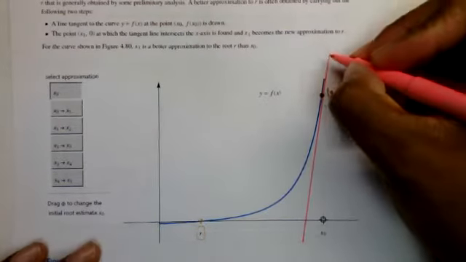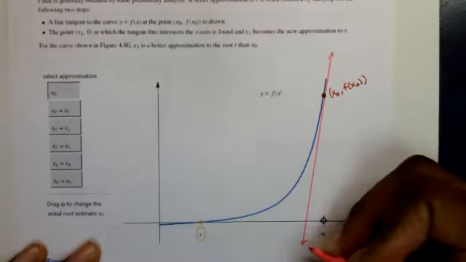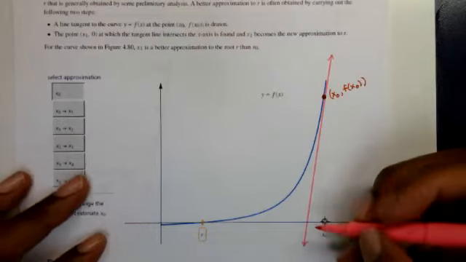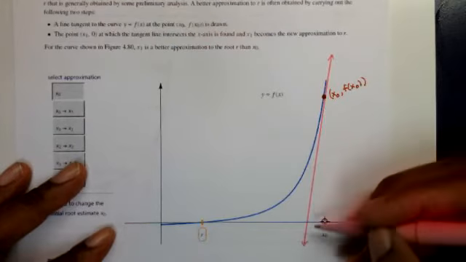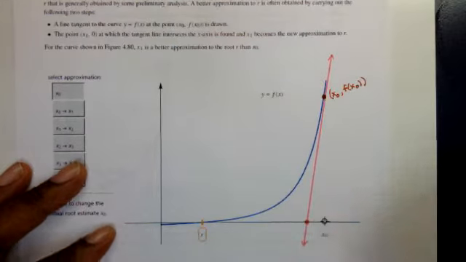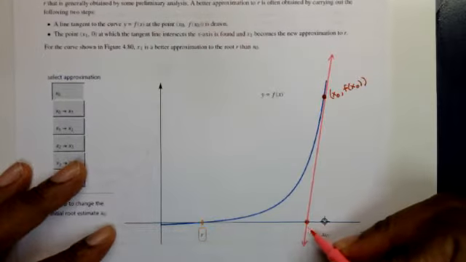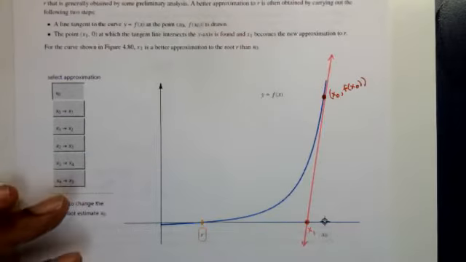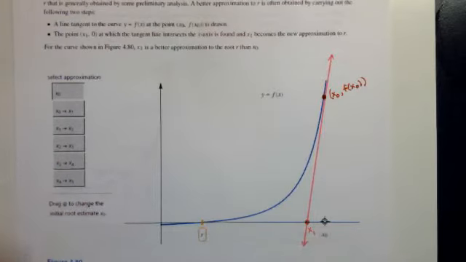Notice that this tangent line crosses the x-axis at this point, and we're going to call that x1. Since that's x0, this point where the tangent line crosses the x-axis will be x1. Then x1 becomes the new approximation for r.